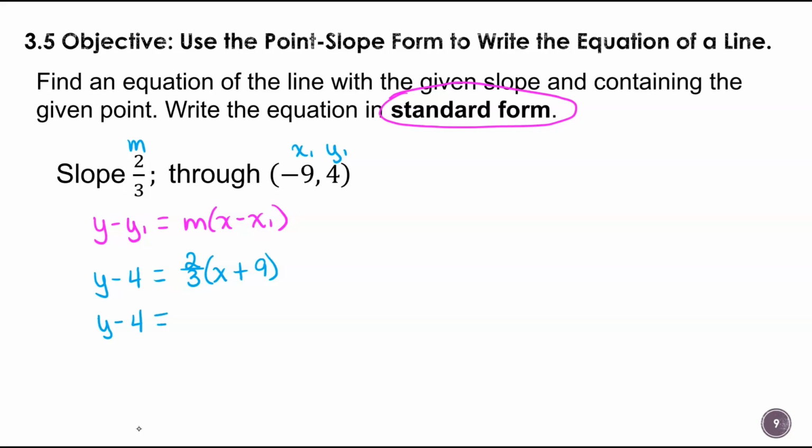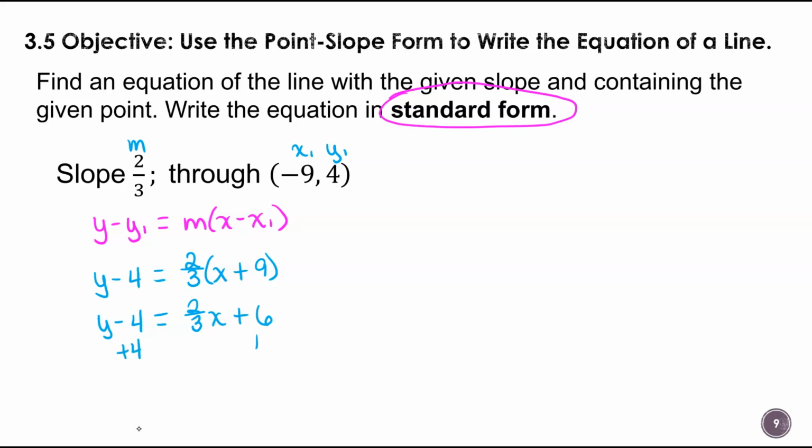And then we distribute the 2/3, so that's 2/3 x plus 2/3 of 9 is 6, right? 3 goes into 9 three times, and 2 times 3 is 6. You can always use your calculator if you didn't follow that.